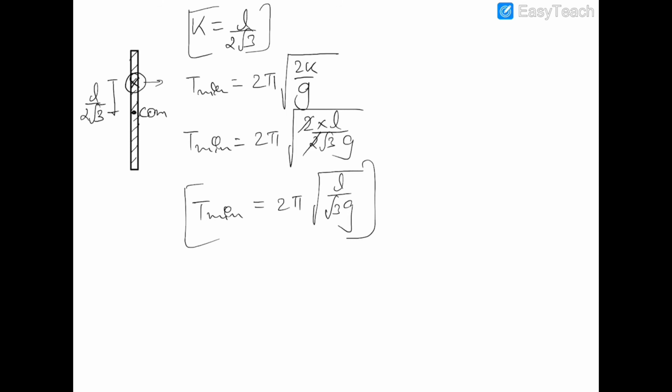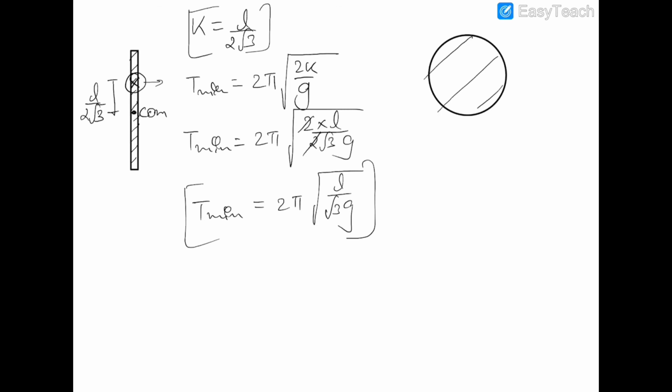So this is a very important concept that you should notice, that to extract the minimum time period of a compound pendulum, we must hinge that pendulum at a distance of radius of gyration k from the center of mass. So this was a very important concept. And another example we can take, that there is a disc.